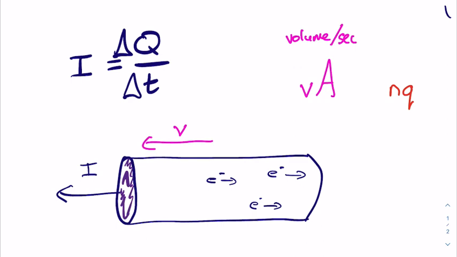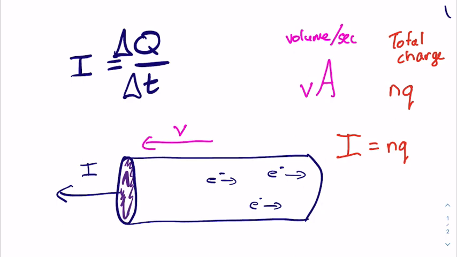So that's the total charge per unit volume. So therefore, the current, the rate of flow of charge, is how much charge is flowing per second.